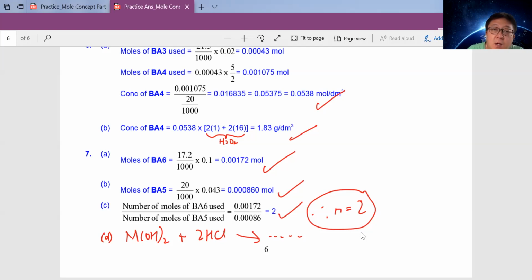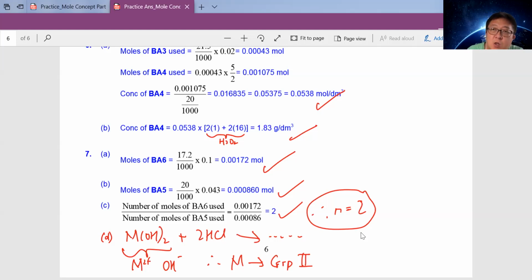You must observe, if N equals 2, then you get this formula, so it's M2+ and OH minus, isn't it? Therefore my M is in group 2. So what is the possible identity for M? You can give anyone, magnesium, barium, any of group 2.